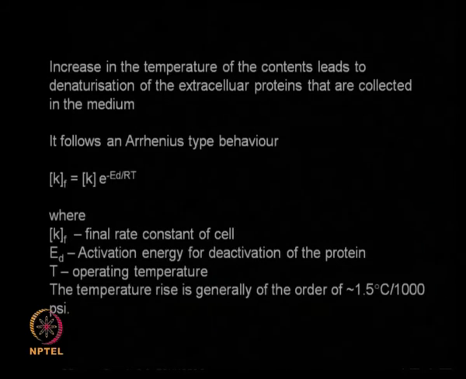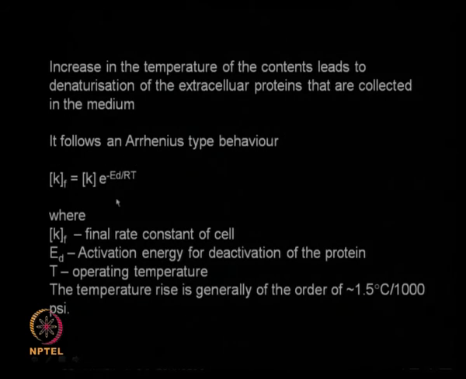The loss in activity because of the increase in temperature can also be modeled assuming an Arrhenius type of behavior. So you all must have done the Arrhenius relationship maybe in first year, right.